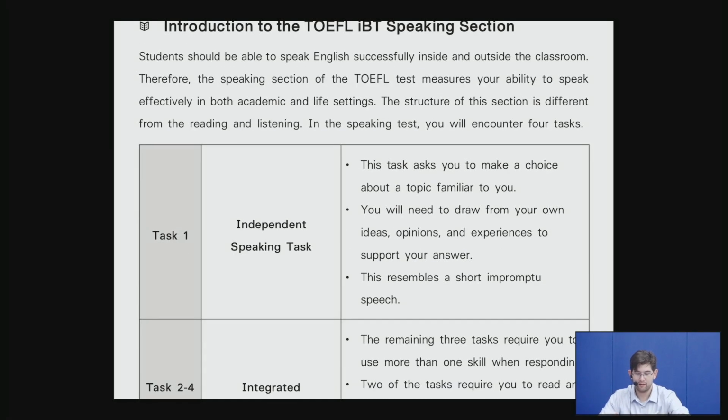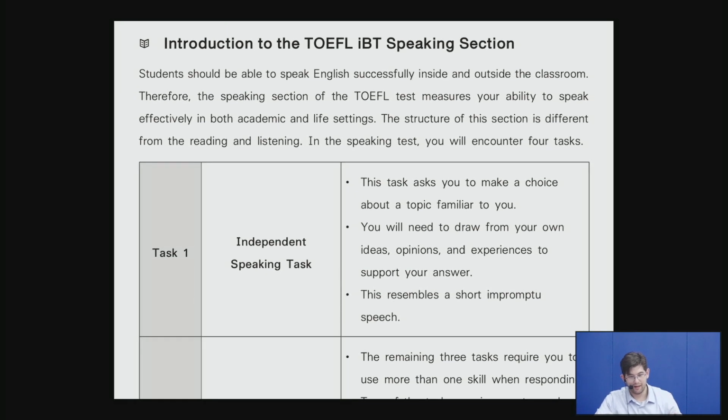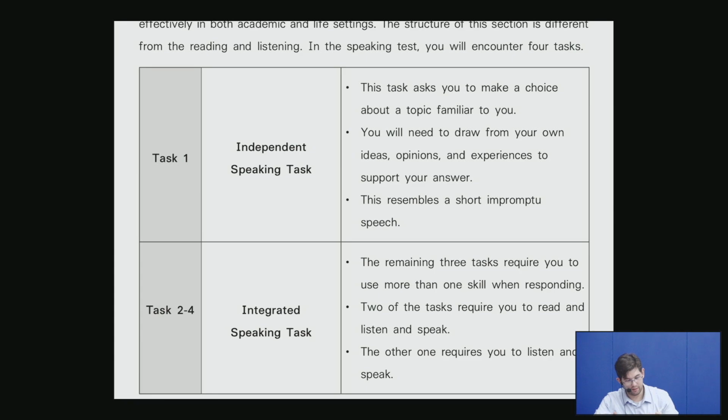To start with, it's important to understand where we're going. So our first thing to do is to talk about the different parts of the TOEFL iBT speaking test. And to break this down, there are 4 tasks: task 1, task 2, 3, and 4. And these tasks are separated into different categories. Task 1, we define as our independent speaking task, and task 2, 3, and 4, we define as our integrated speaking tasks.